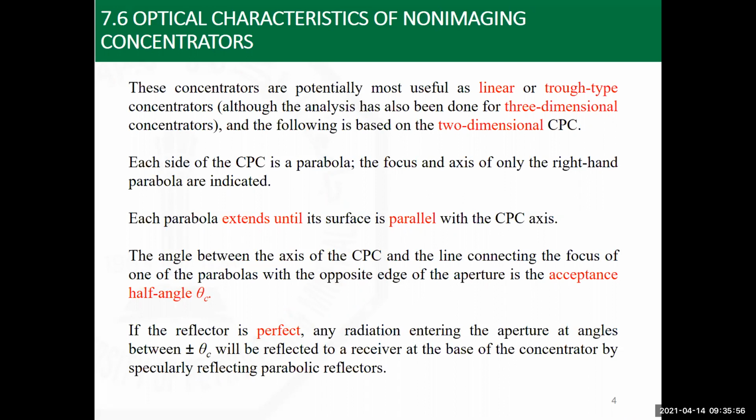The angle between the axis of the CPC and the line connecting the focus of one of the parabolas with the opposite edge is the acceptance half angle.